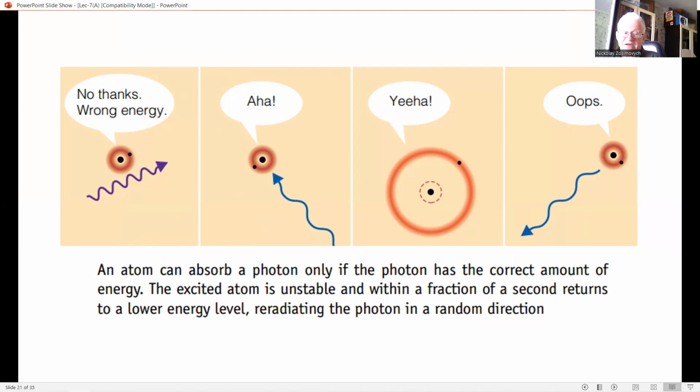A neon sign glows when atoms of neon gas in a glass tube are excited by electricity flowing through the tube. As the electrons in the electric current flow through the gas, they collide with the neon atoms and excite them.